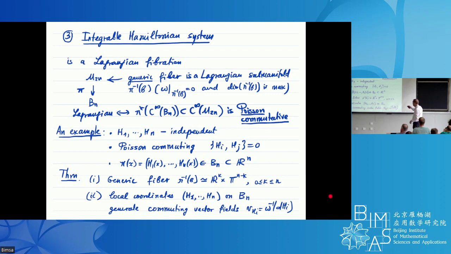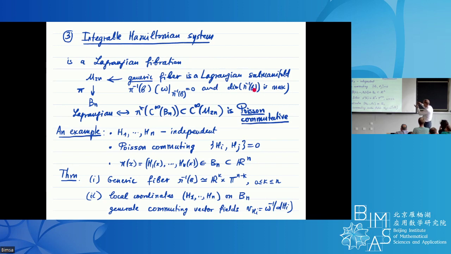The most important tool is this structure on the symplectic manifold. It's a fibration over some n-dimensional smooth manifold such that every generic fiber is a Lagrangian submanifold, which means that if you take your symplectic form restricted to each generic fiber, it's zero.